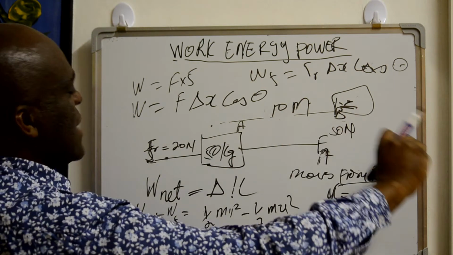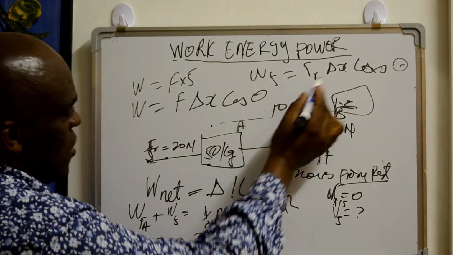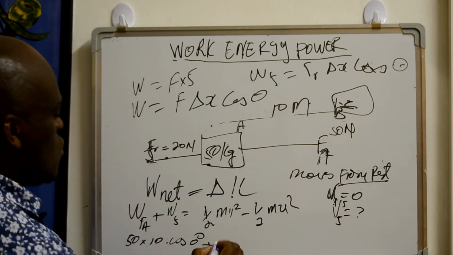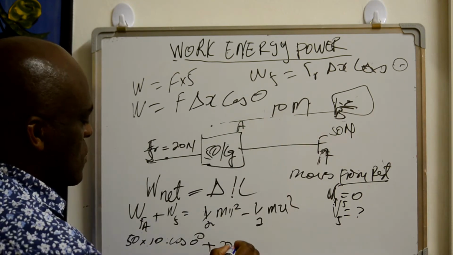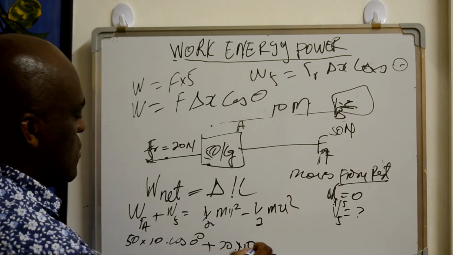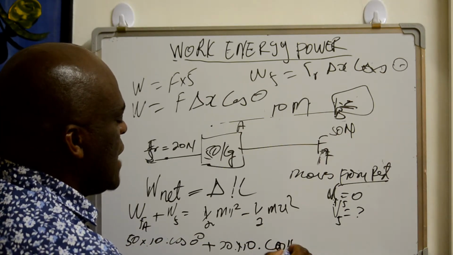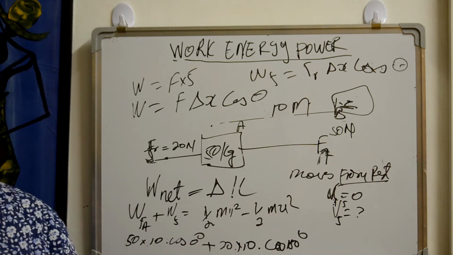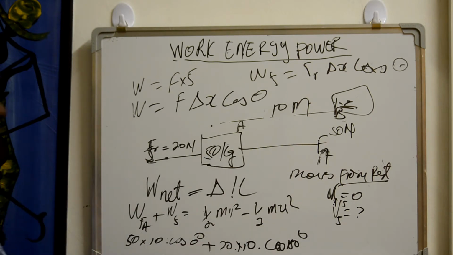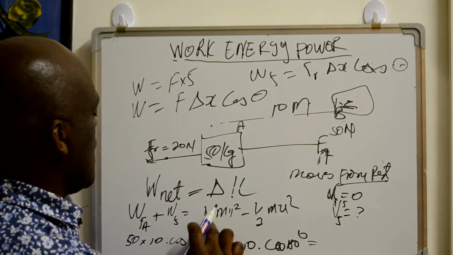The force applied is in that direction, and friction is in the opposite direction. So what is the friction force? It's 20 Newton, delta x distance times 10. But my cos now is 180 degrees. Why do I say cos 180? Because the friction is in the opposite direction. Cos 180 is equal to the change in kinetic energy.